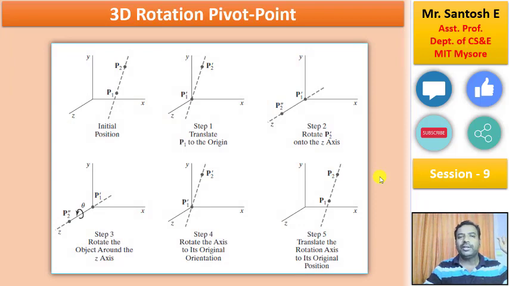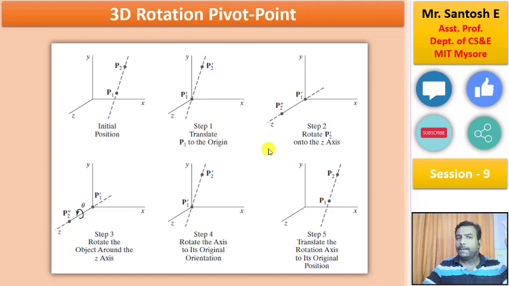Now how exactly are we going to do the 3D rotation with respect to a pivot point? If you remember, in the previous session when I discussed 2D rotation, we wanted the rotation to happen about a point other than the origin, whatever point we mention. We are going to address the same issue in 3D rotation also.